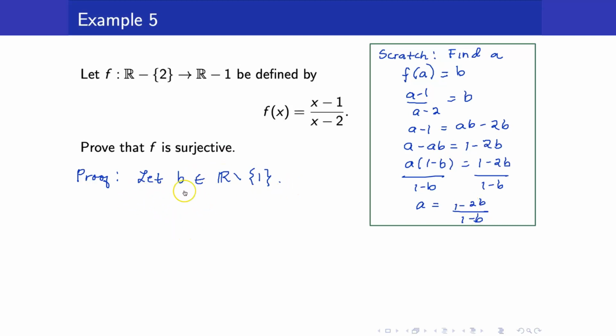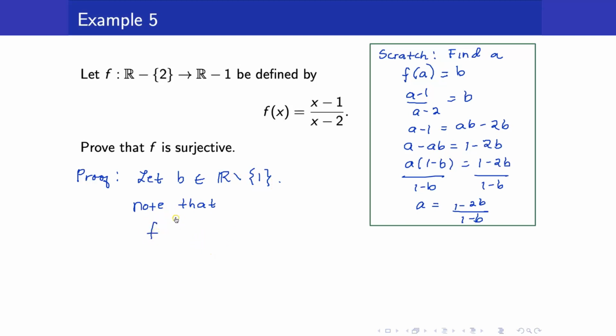So therefore here, in my proof, I will just use this one. I will show that f of 1 minus 2b all over 1 minus b is equal to b. So I will just say note that. Again, I am not using the variable a. It's better if you avoid using another variable if that is possible.